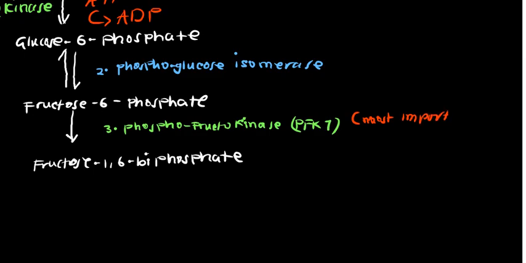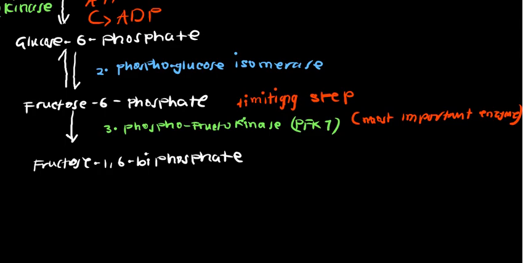Important enzyme. This one is the one that we call the committed step. I mean the limiting step, where this fructose 6 phosphate is converted to fructose 1,6 bisphosphate.